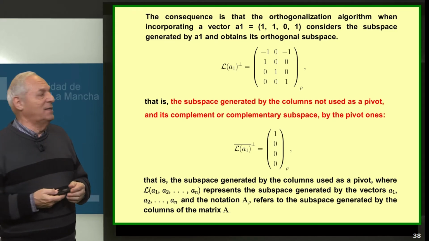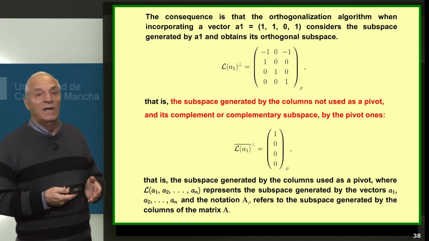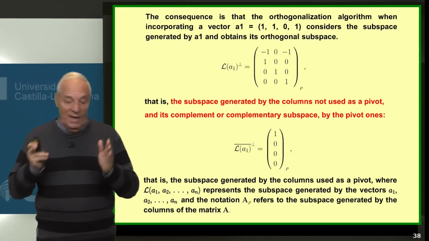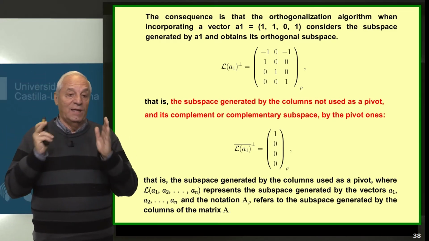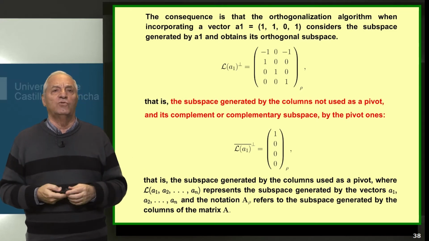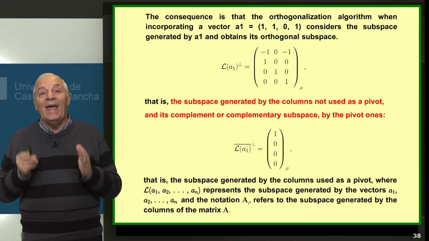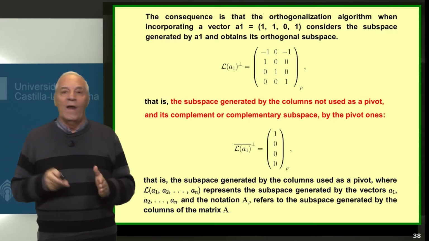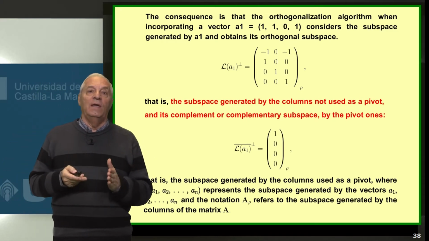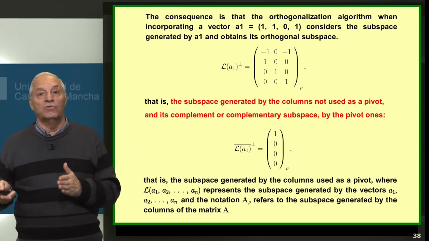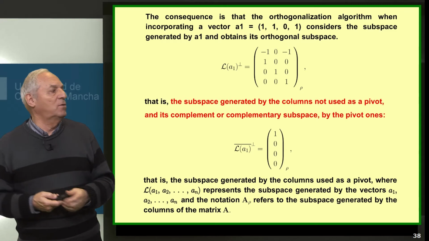The practical consequence of this orthogonalization algorithm is that, by introducing a vector A1, it breaks down the initial matrix, that contains as columns the generators of a subspace or a vector space, in 2 parts, one that is the pivot, that gives us the complementary subspace, and other vectors, which are the non-pivot ones, that generate its orthogonal subspace.